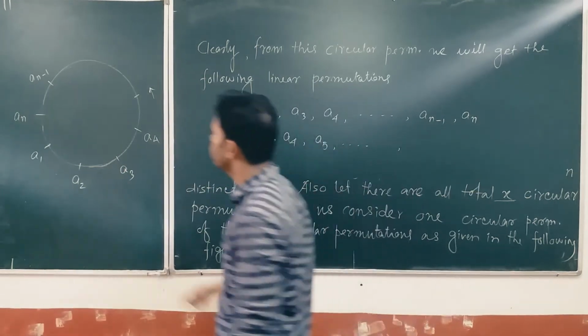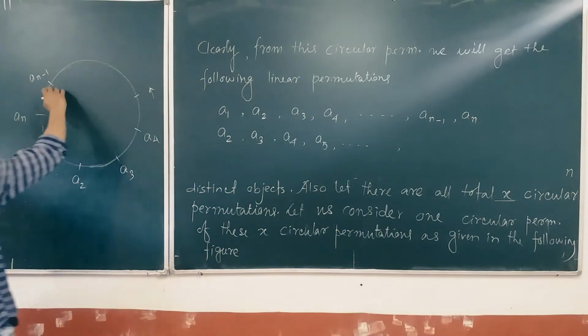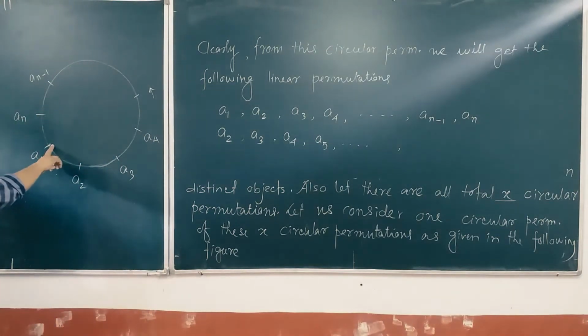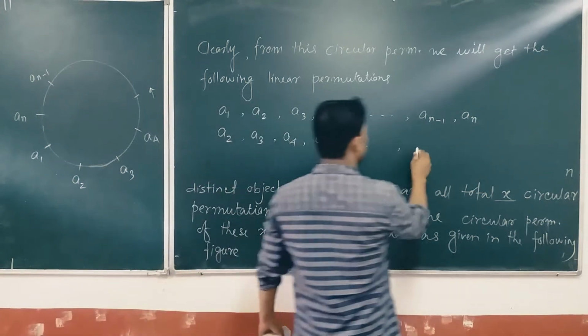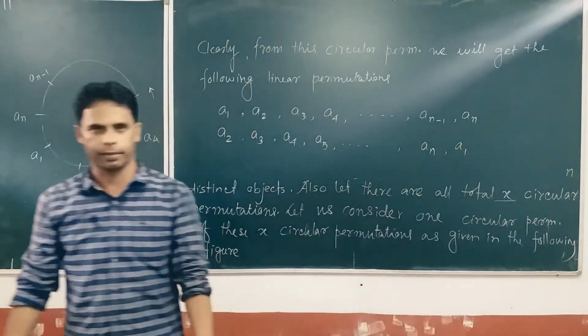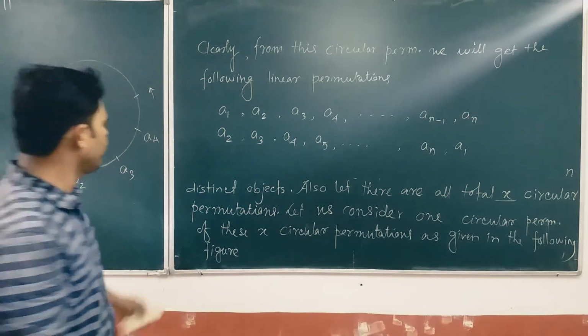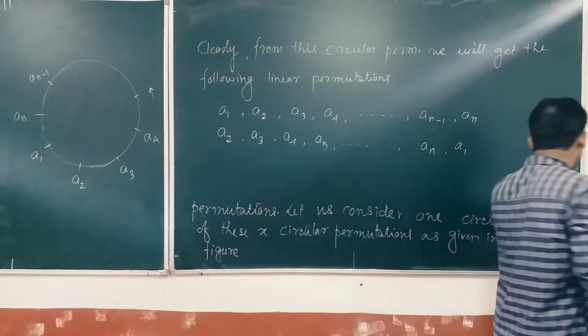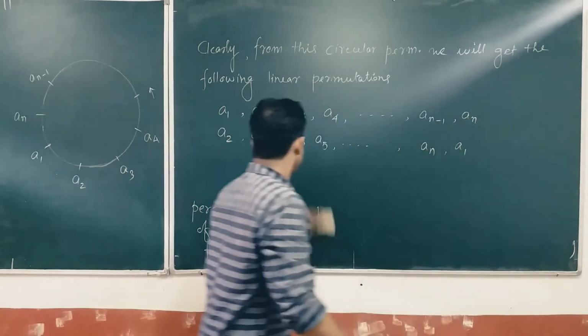Lastly you will have AN-1, AN and A1. So the last part I have written is AN and finally it will be A1. We got that. Similarly proceed once more.